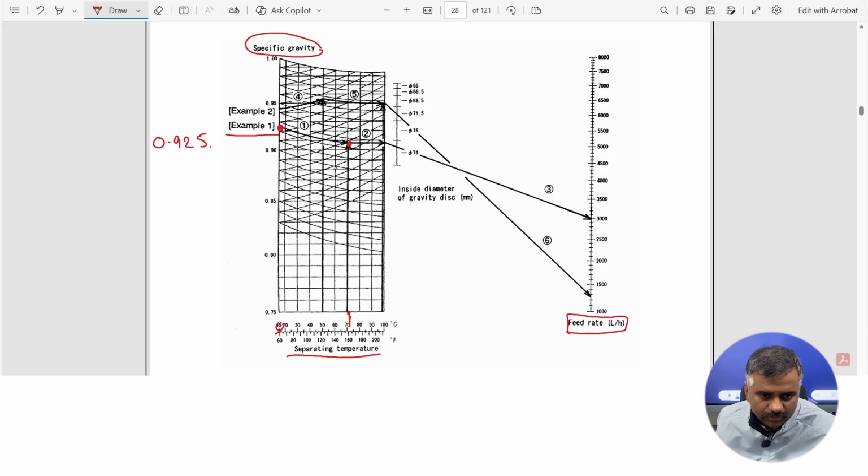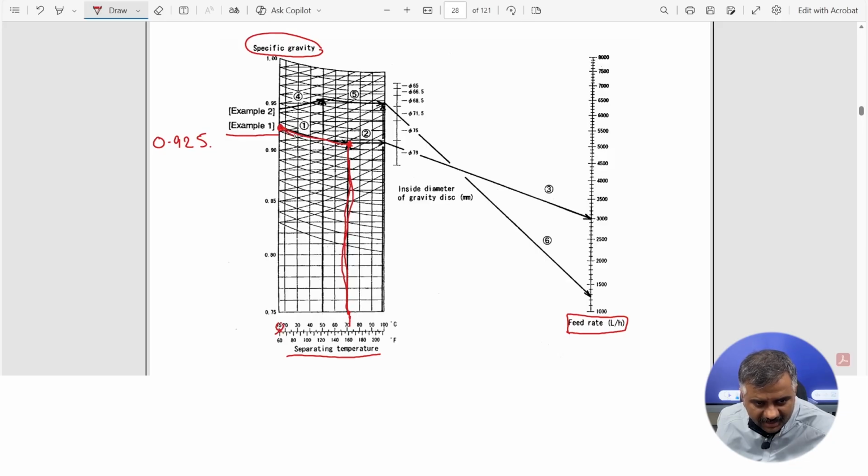Now what we have to do is match the specific gravity line. There are specific curves like this. This is a falling curve. So for 0.925 we have to ride on a falling curve and match it with a line drawn from these 70 degrees. One line will be passing from the 70 degrees centigrade line in the temperature curve.